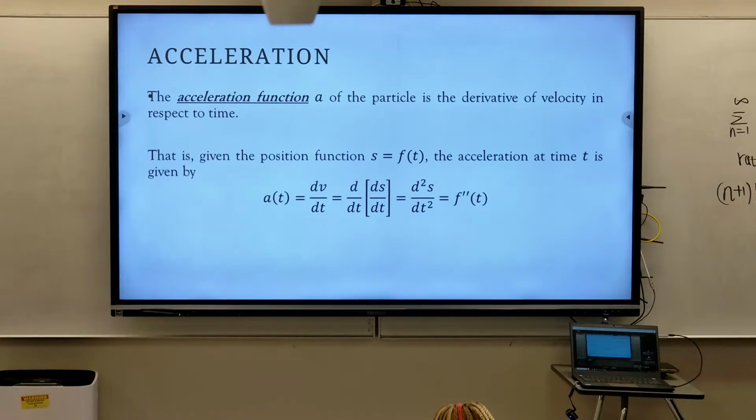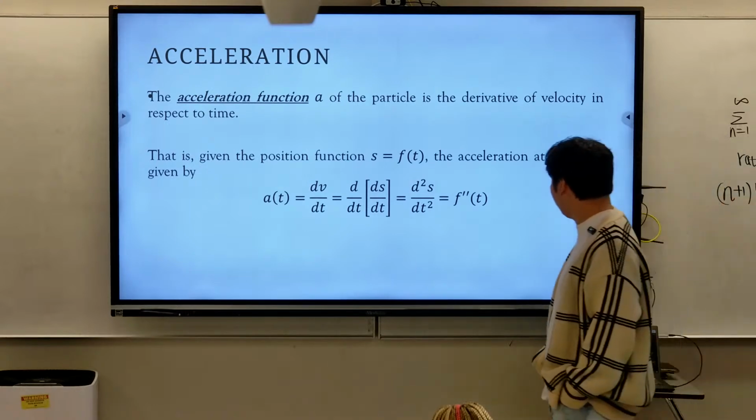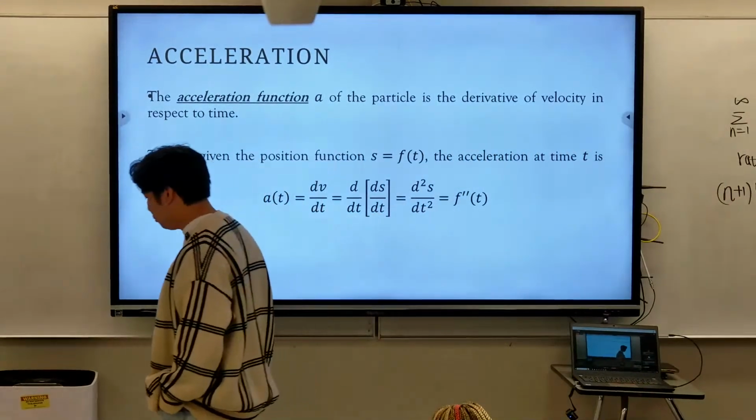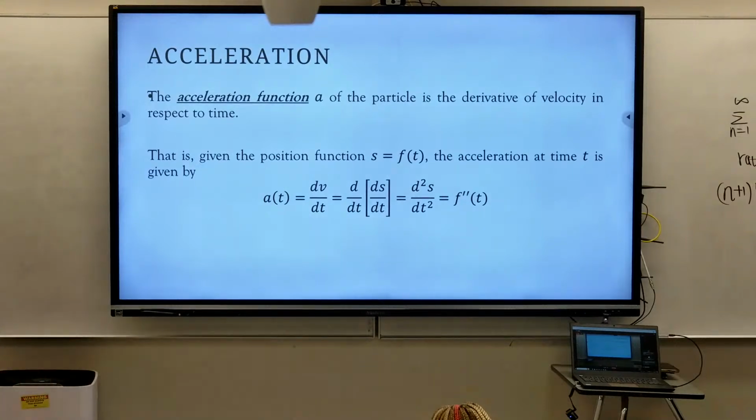Because if I know the position, I can get velocity and then I can get acceleration. Right now we've been pretty much giving these definitions. We're going to do an example so that we can get concrete examples down.